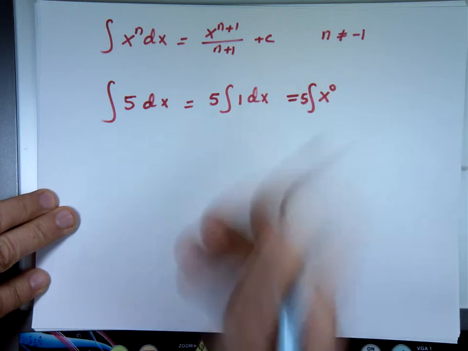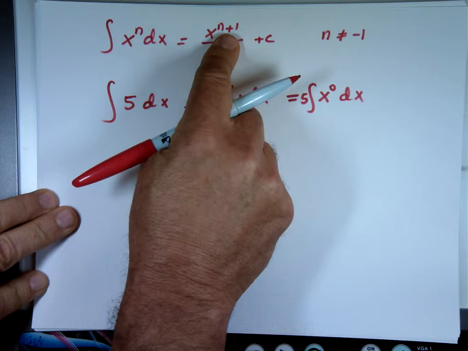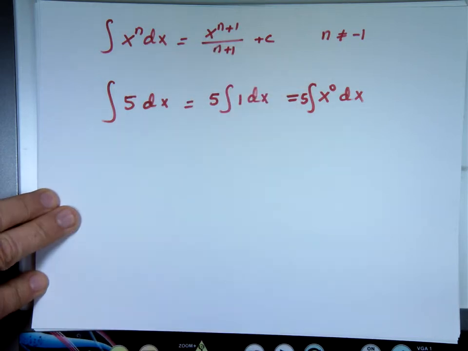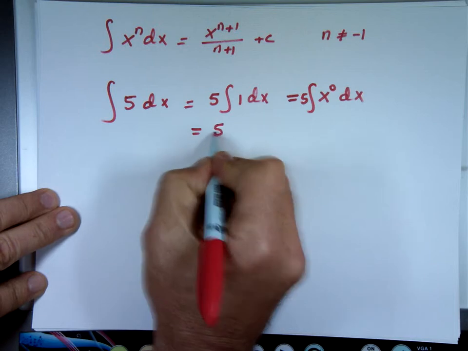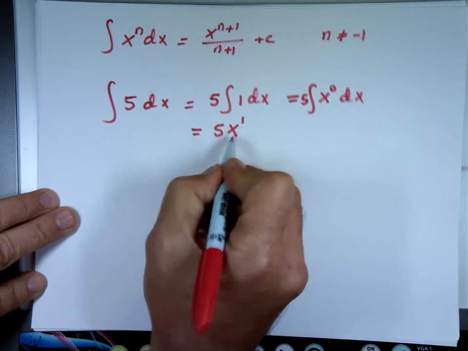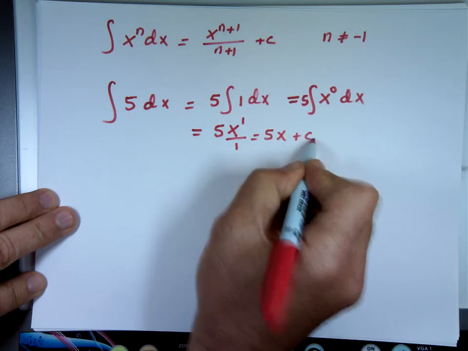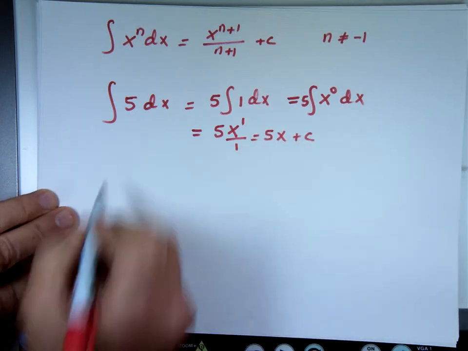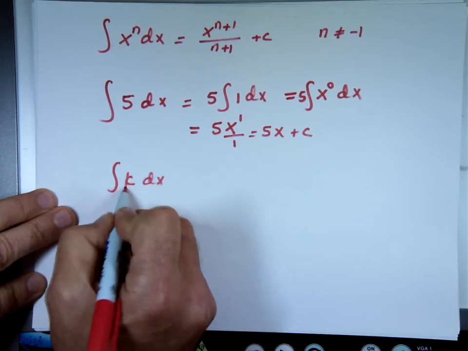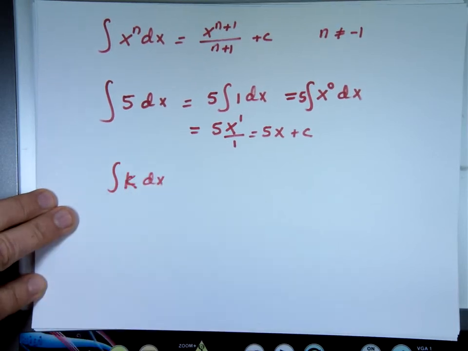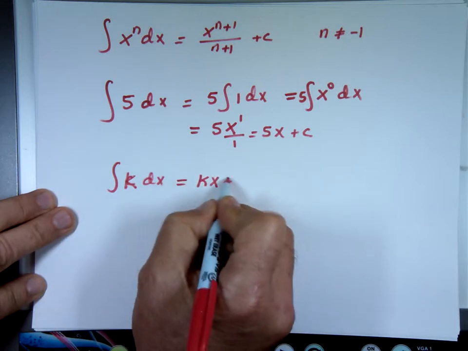Isn't that 1? Now let's apply that rule. Add 1 to the power and divide by the new power. That's what? 5 x to the 1 over 1, and that's 5x plus c. So the rule is the integral of any constant, let's use k for that instead of c, is always going to be the constant times x plus c, always.